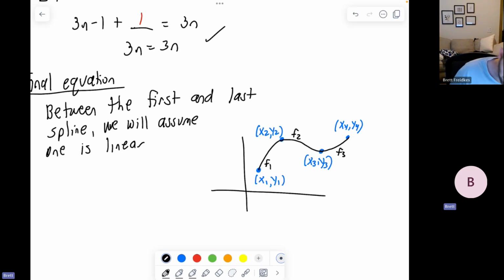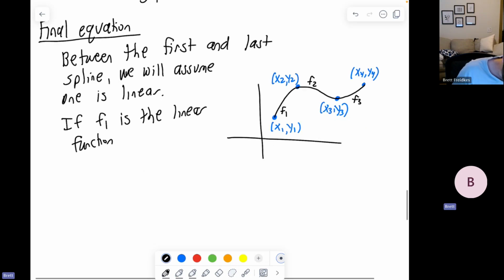So for example, let's say we end up assuming it's f1 that's linear. If f1 is the linear function, what does that mean about our original quadratic?